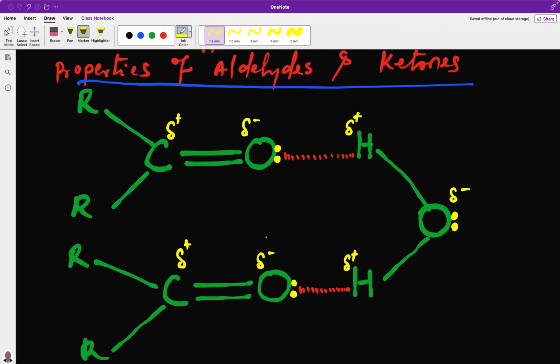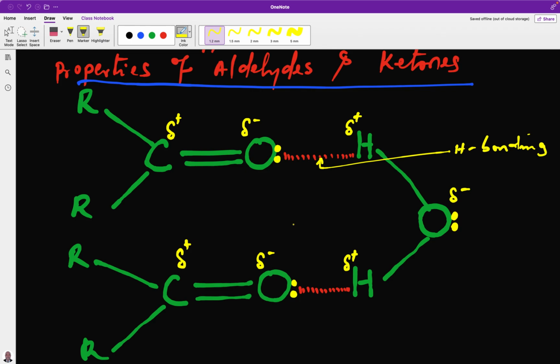This is the hydrogen bond here. Hydrogen bonding forms between the water molecule and ketones and aldehydes.